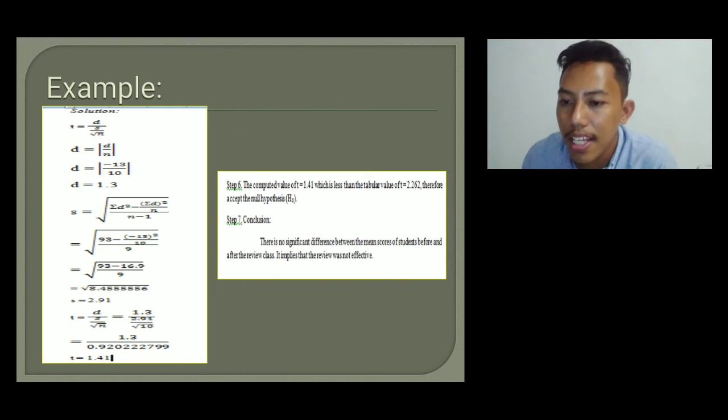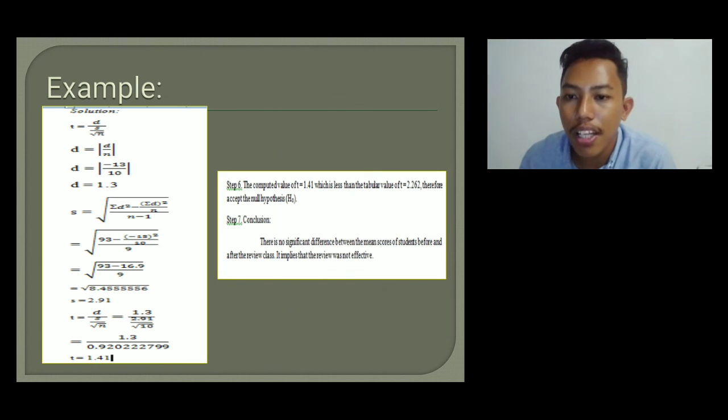The next step is to follow this equation: D bar over s over the square root of n. So our D bar is equal to 1.3 over 2.91 over the square root of 10. So 1.3 over 0.920222799. Our t is equal to 1.41.